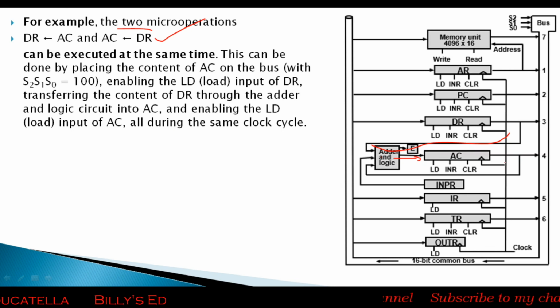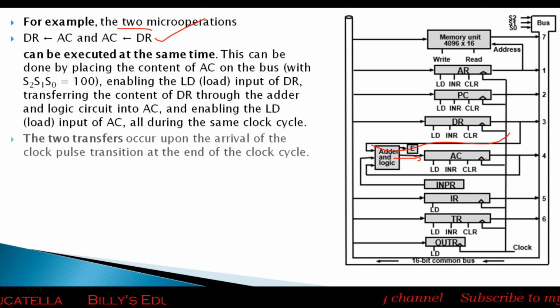Here we connected the clock. When the clock is enabled, the data is transferred to the adder and logic, and the adder and logic transfers the data to the accumulator, and the accumulator sends the output to the register. So the data from the data register is transferred to the accumulator, and the two transfers occur upon the arrival of the clock pulse transition at the end of the clock cycle.